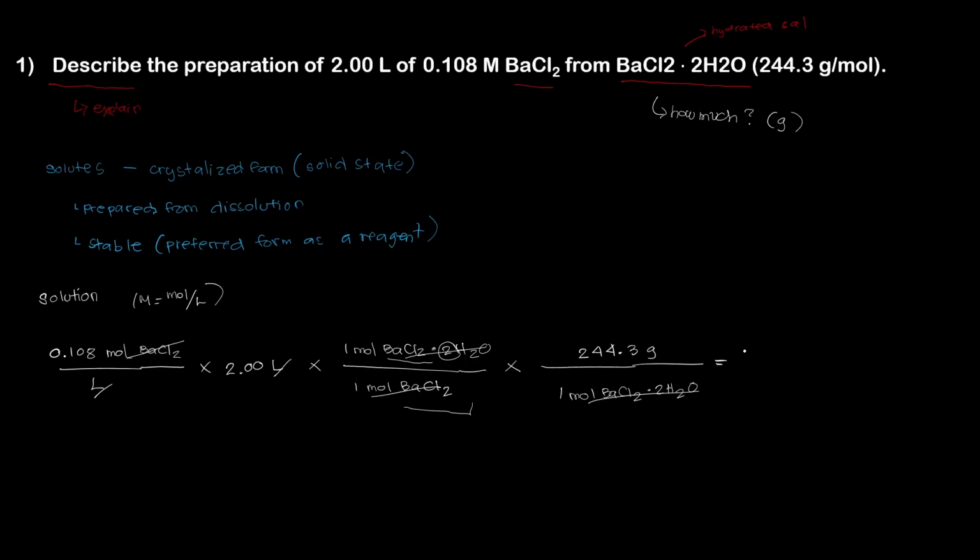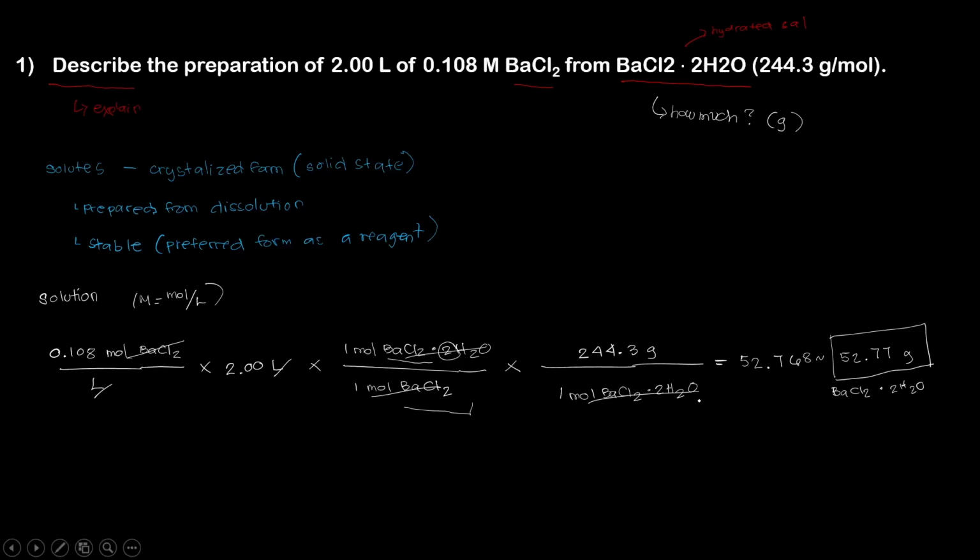Okay, solving, this would be 52.76, or 52.877 grams. Okay, I just round it off. So this is the mass that you should weigh in order to prepare 2 liters of 0.108 M BaCl2. Okay, this is BaCl2·2H2O.